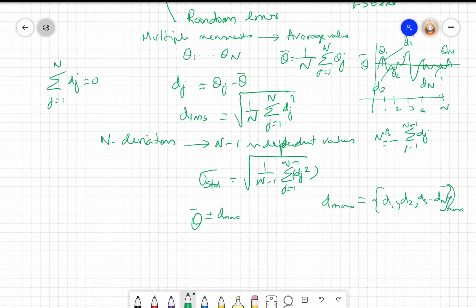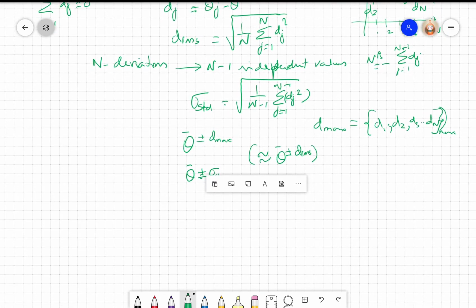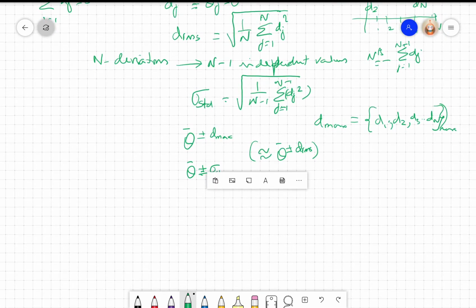So this is called the maximum deviation. We can also represent it as average value plus or minus standard deviation. And of course we can also say this approximately average value plus or minus RMS deviation. The standard deviation and the RMS deviation are nearly equal. They can be used as one for the other.